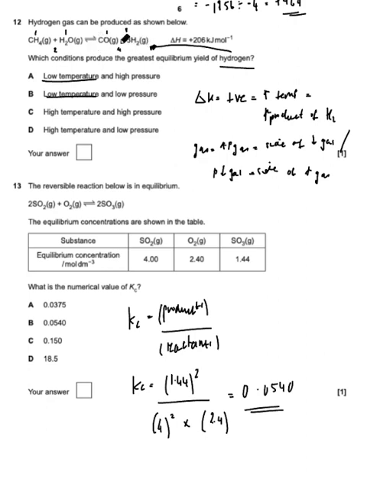And so that would mean that we need to decrease the pressure, because if we decrease the pressure, then equilibrium will go to the side that has the higher gaseous moles.